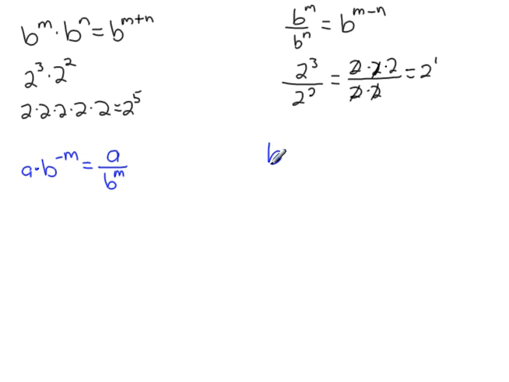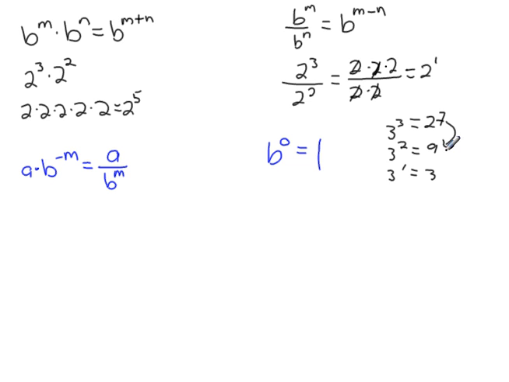Now for the zero exponent. It's not negative, it's not positive, it's 0. Anything to the 0 power is 1. The way I usually explain that is I get a few different numbers. So let's say we have 3 cubed, 3 squared, 3 to the first power. I'm going to evaluate each of these and see if there's a pattern. So 3 cubed, that's 27. 3 squared is 9. 3 to the first power is 3.